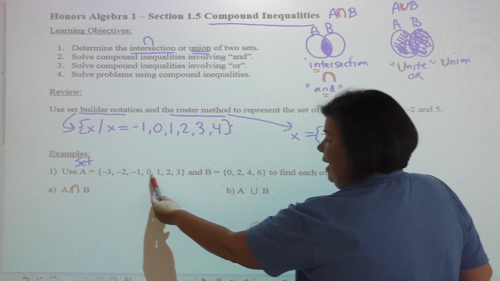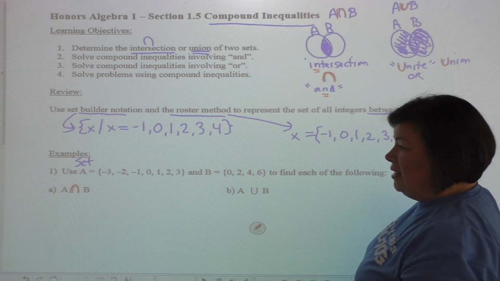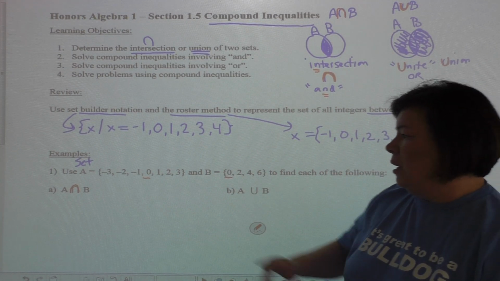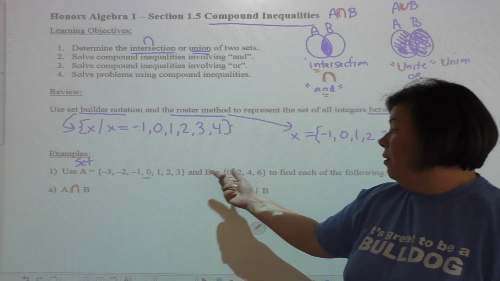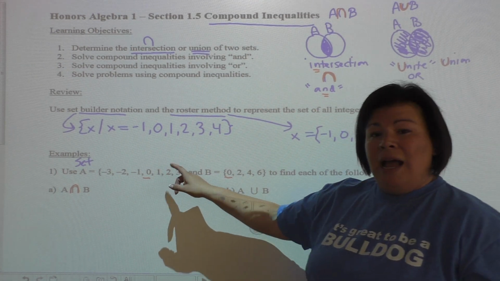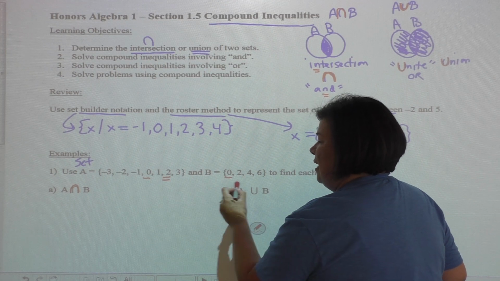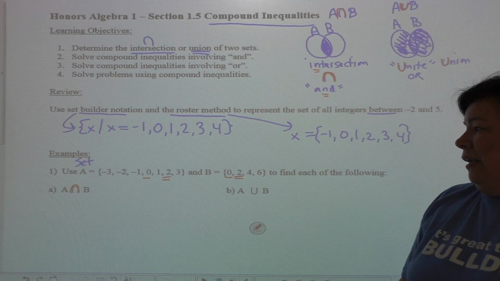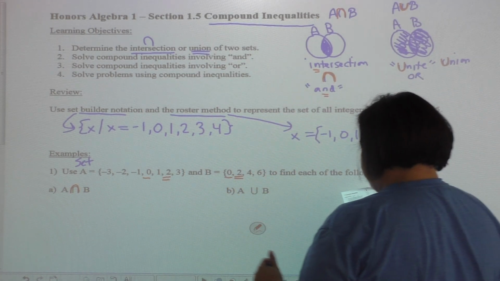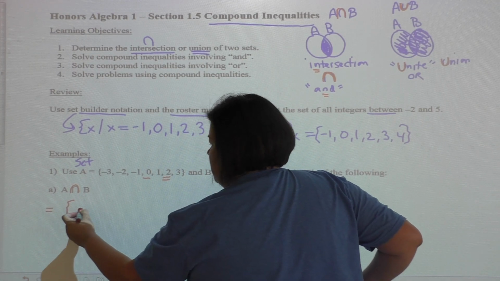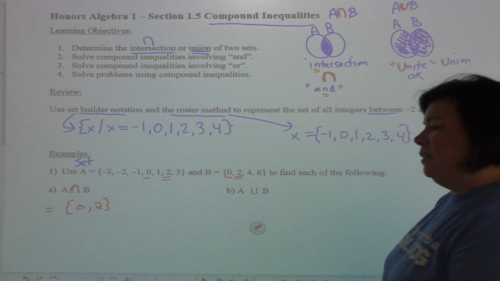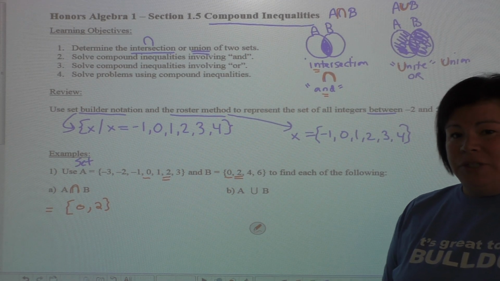We see that the number 0 is also in set A and B. Unfortunately, -3, -2, and -1 are not contained in set B, so that cannot be an answer. 1 is not, but 2 is. 2 is also contained in set A and B, and that looks like it. So the intersection of set A intersecting with set B would be the solutions 0 and 2. So we're just going to separate them with a comma, and that's it. So those are our solutions.